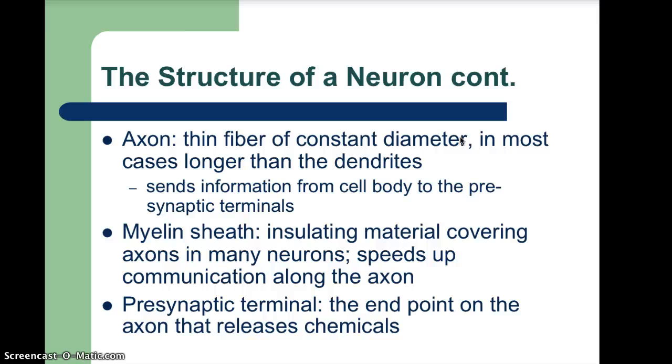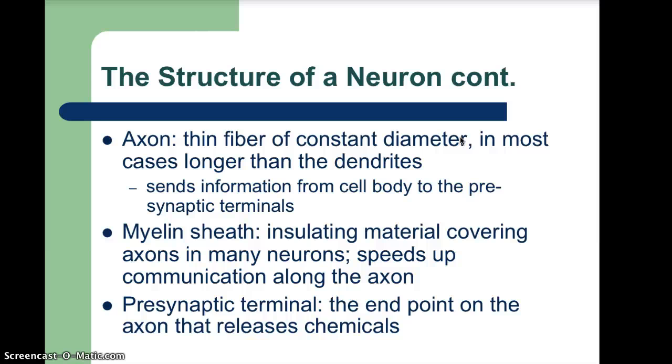So we've got dendrites, we've got the cell body, the soma, and we've got an axon, which looks a little bit like a dendrite. People can get that confused. It's a very thin fiber. It doesn't get narrower as it goes away from the cell body. It stays a consistent diameter. Most of the time it's longer than dendrites. There's usually just one.